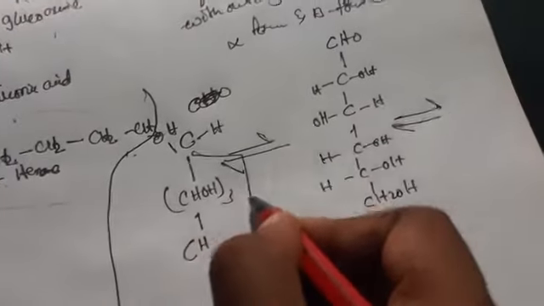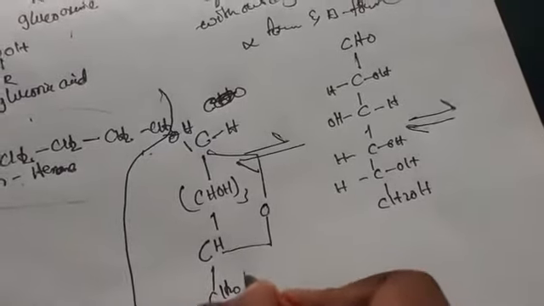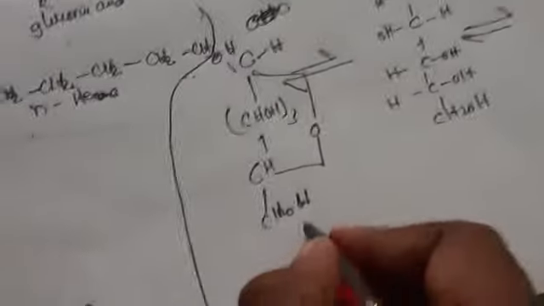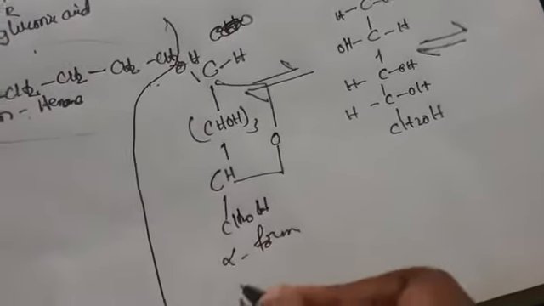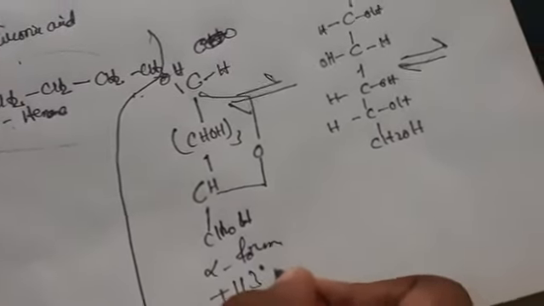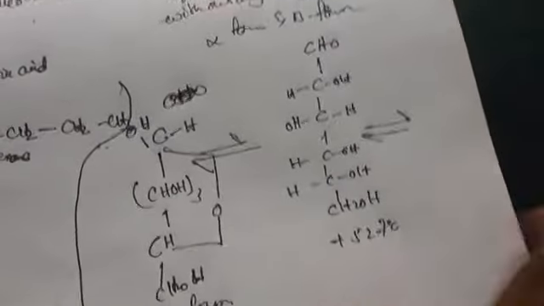Now I am linking the O here and CH2OH. Here, this is the alpha form, plus 113 degrees, plus 52.7 degrees.